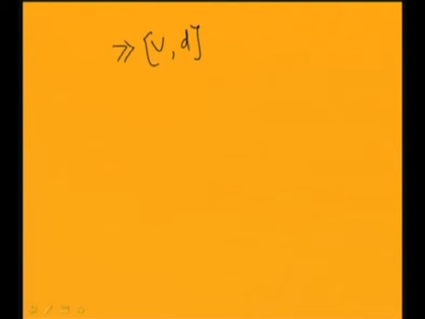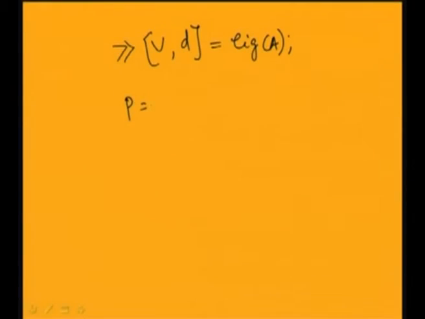So I can write VD equal to EIG A. So this will give me the eigenvalue and eigenvector. So I can get the phi matrix or the P matrix directly. So V is the P matrix.